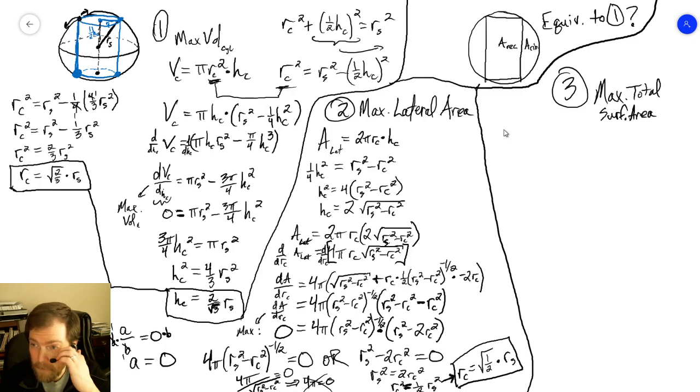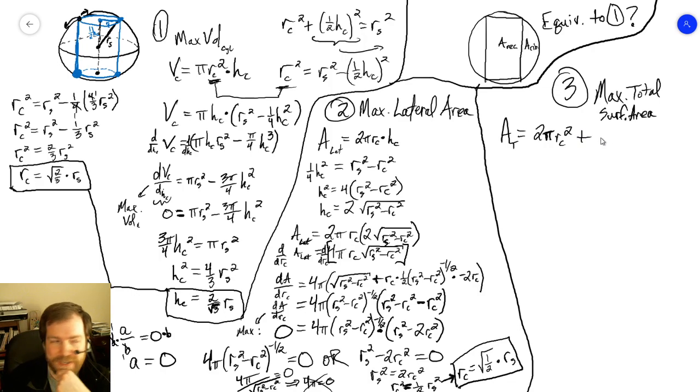All right, so max total surface area is going to be 2 pi rc squared plus, somebody correct me if I'm wrong here, again, 2 pi rc, which is the circumference of the circle, times the height of the cylinder.